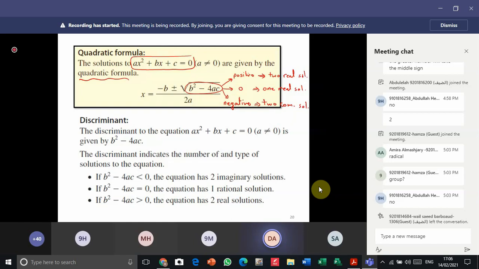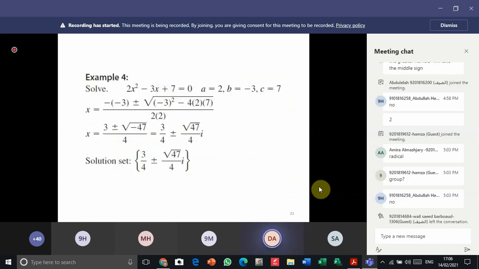Now, okay, this is already described here. Look at the example: here a equals 2, here b equals -3, here c equals 7.